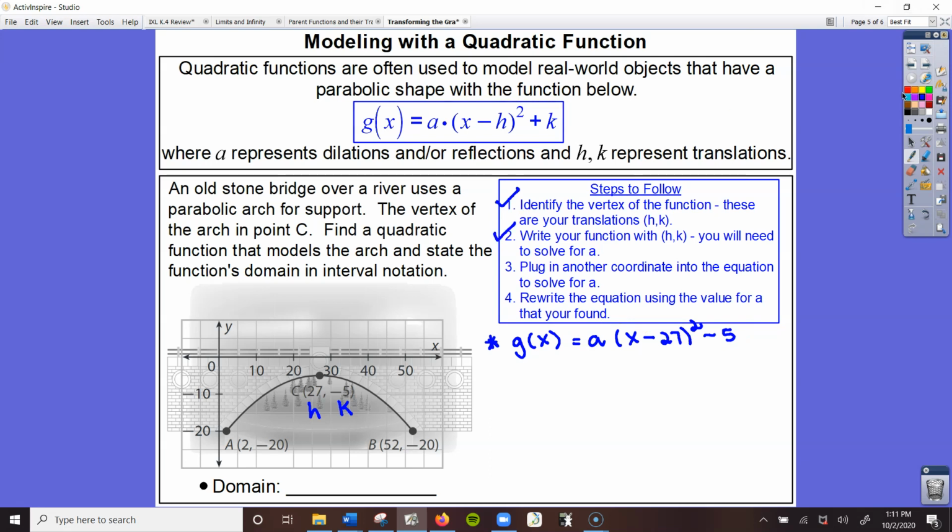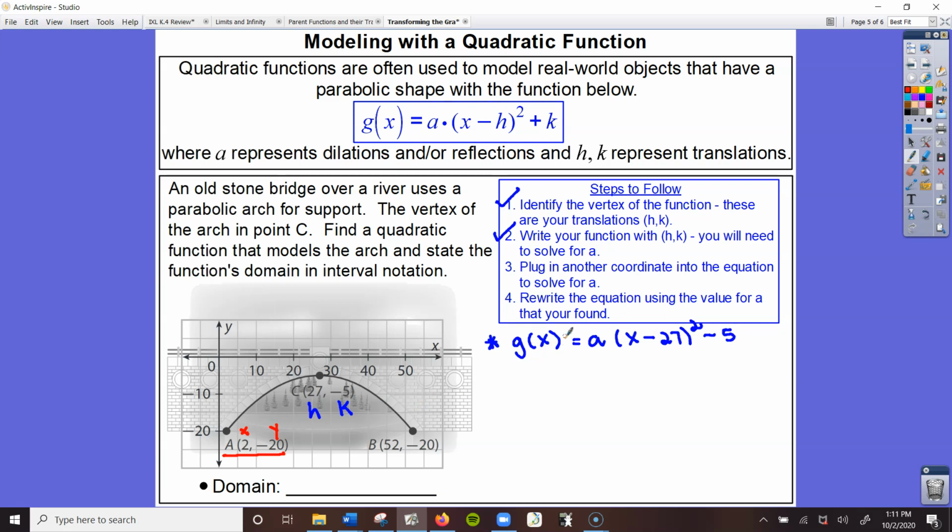And how you figure out a is you have to pick another point that's given on the graph. It does not matter which one you choose. You can choose A, you can choose B. You're going to get the same value of a no matter which one you choose. So I'm going to choose A. We're going to take this x and y value and plug it into g of x.